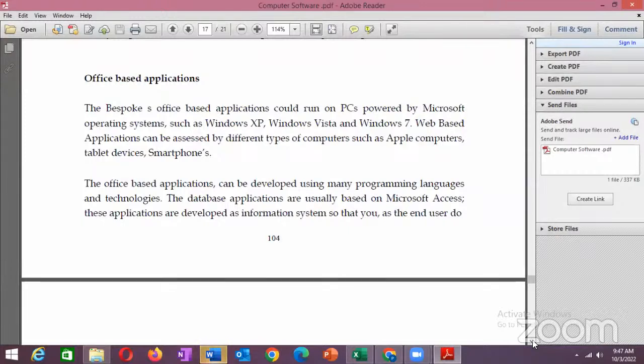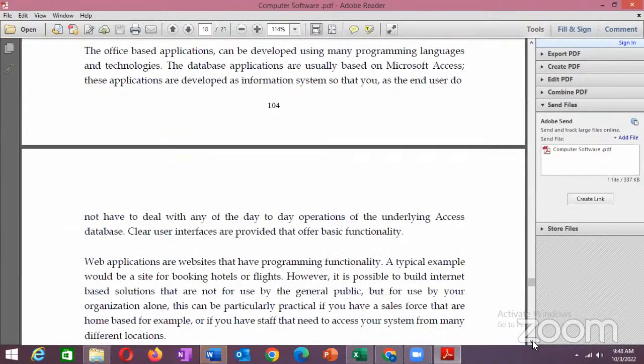The database applications are usually based on Microsoft Access. This application system lets you handle the day-to-day operations of the underlying Access database. So clear user interfaces are provided that offer basic functionality.